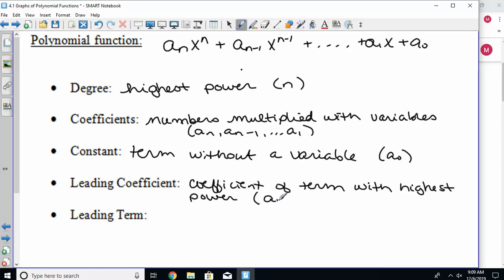The example I wrote out would be your a sub n, because n was the highest power. And the leading term is just the term with the highest power. So that's our entire a sub n x to the n term.